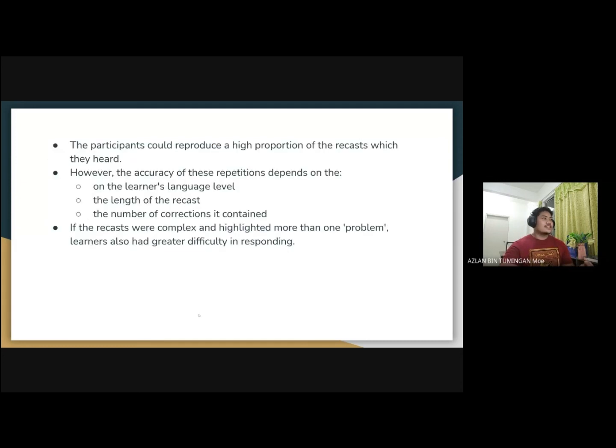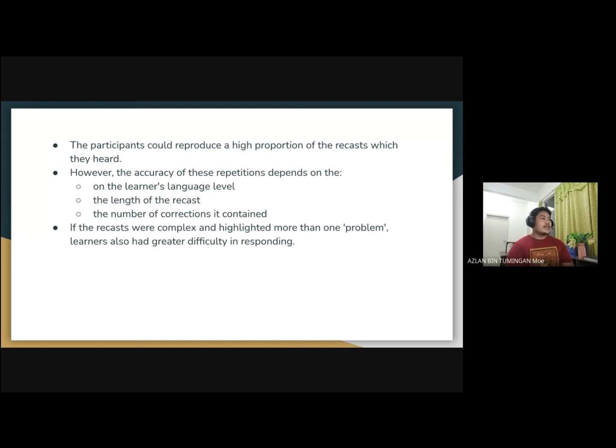So the participants could reproduce a high proportion of the recasts which they heard. So they were able to recall and reproduce the recasts they heard. However, the accuracy of this repetition depends on three things. First of all, the learner's language level, and then the length of the recast. The longer the sentence, maybe the harder for us to remember.